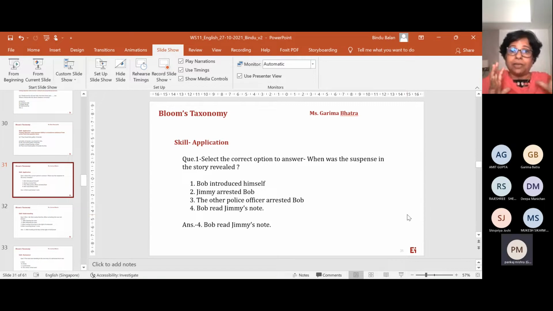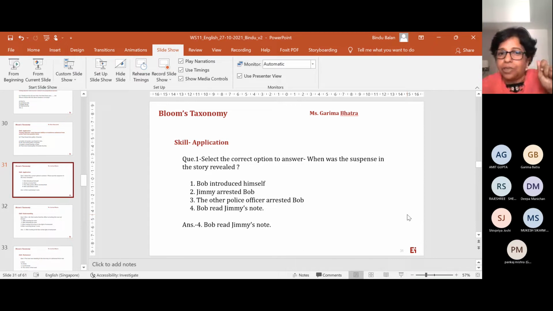It will look like a full-fledged conceptual level, but it is not. It is actually the child comprehending and telling in their own words that this story is conveying this message. So though it looks like a higher cognitive level, it is still at an understanding level. The child should be able to retell, rephrase in their own words.